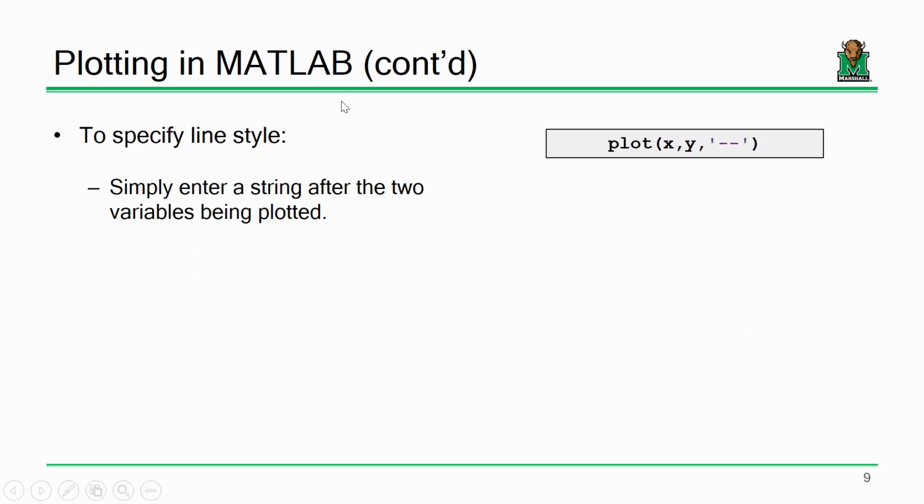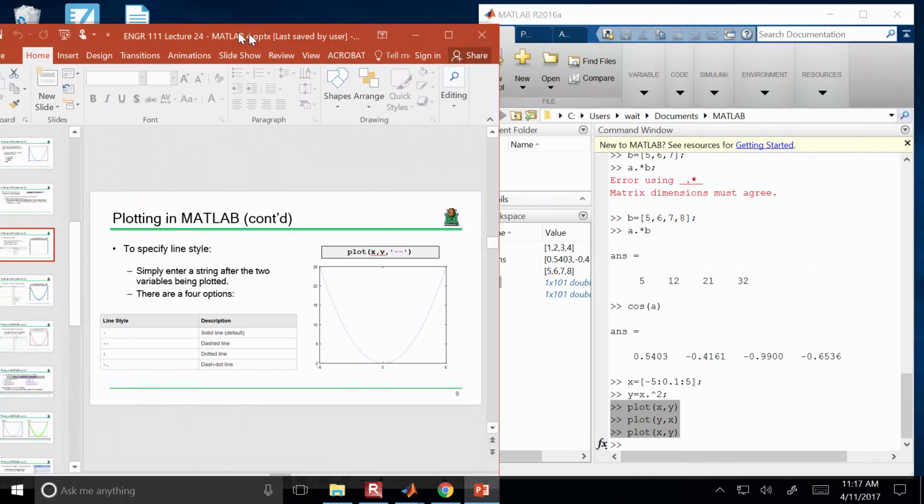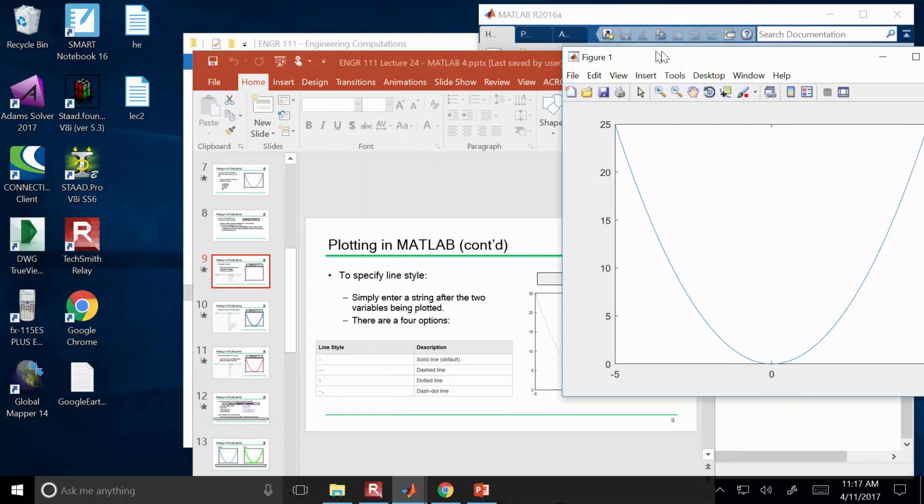So just to show you the first instance of that, try this. Plot x, y, and then inside of a single quotation mark, the dash dash. And what that should give us is a plot that is dashed, right?